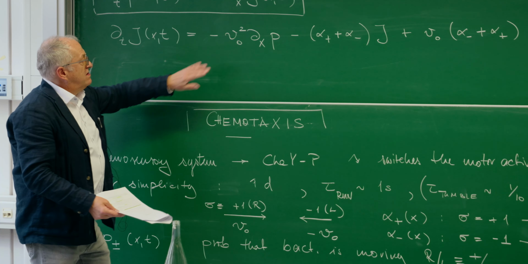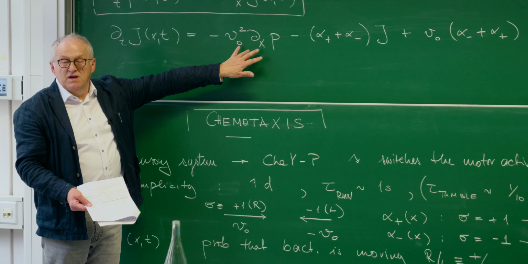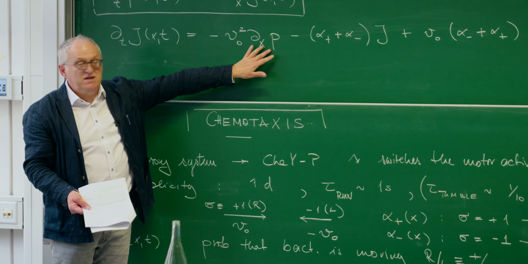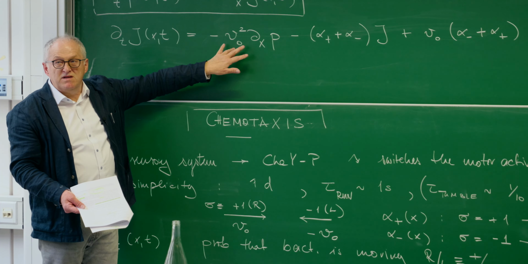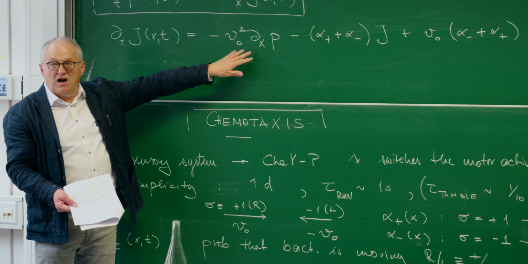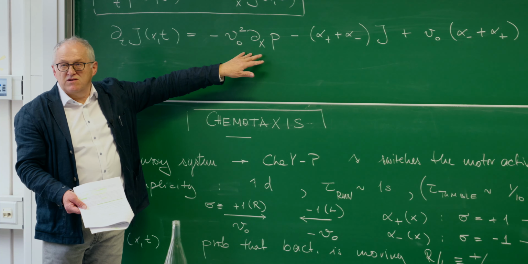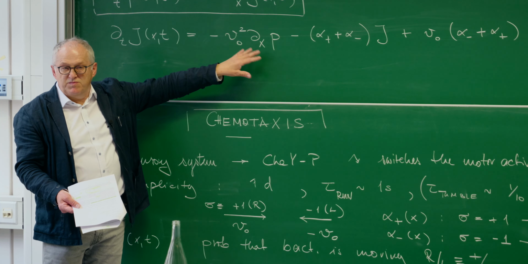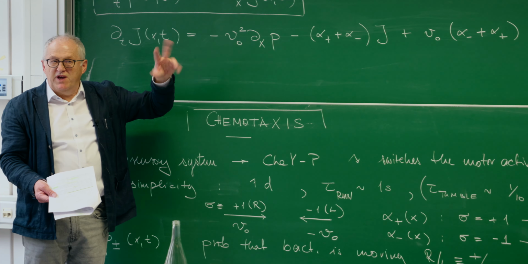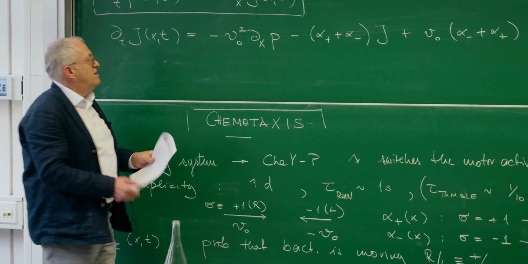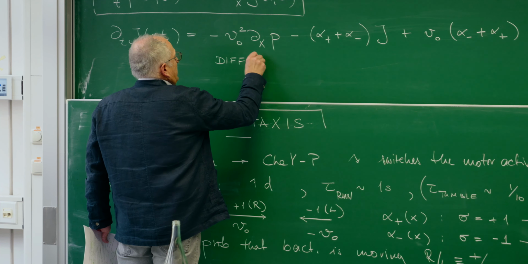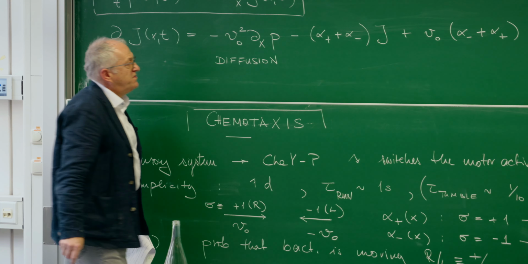Now, what do they mean? So this term here is the gradient of the density or probability density times v naught squared. That looks like a current that's analogous to Fick's law. So it's a diffusive current because of the flipping of directions back and forth. That's diffusion, because of jumping back and forth.